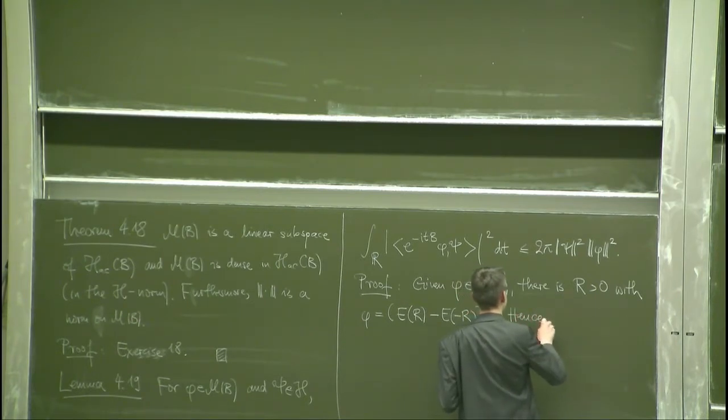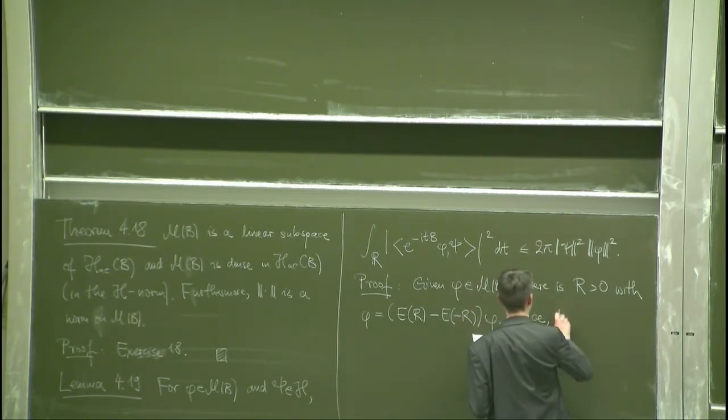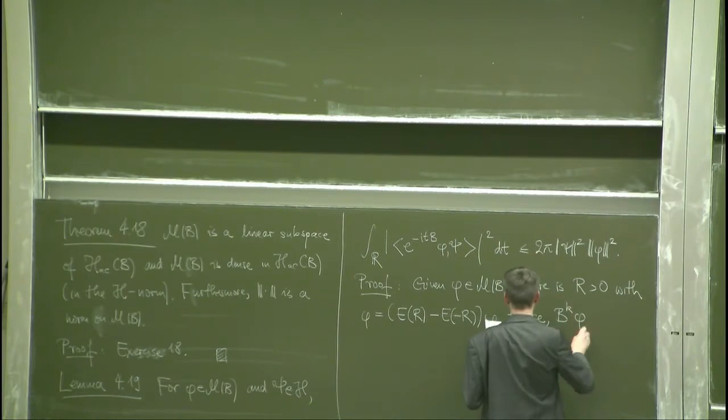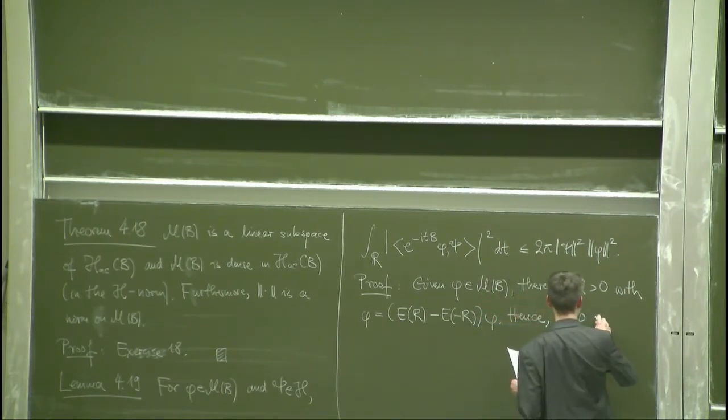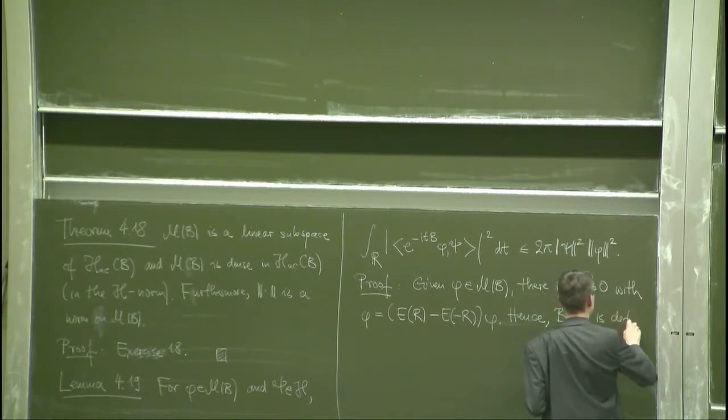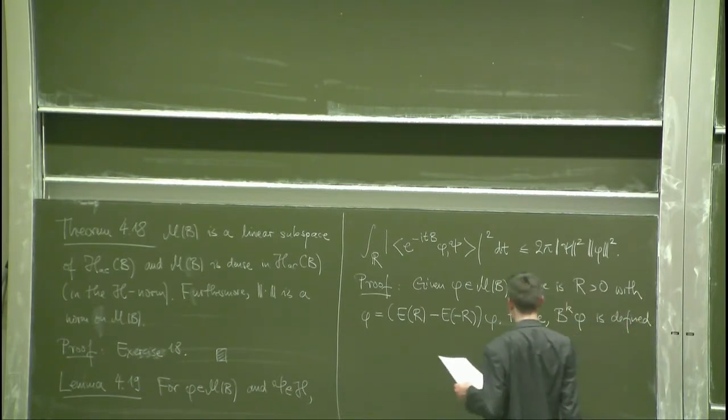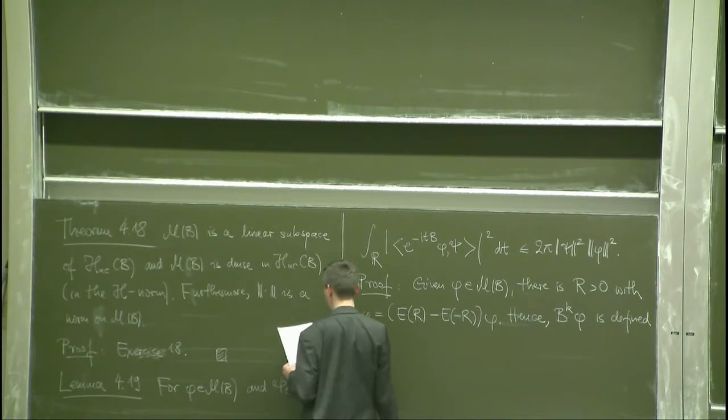Hence we conclude that the operators B^k phi are also defined. So this object is defined for all k in N.